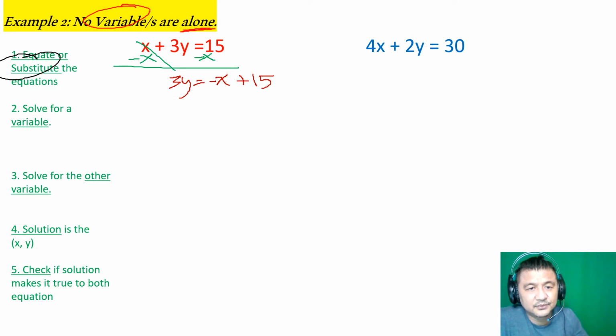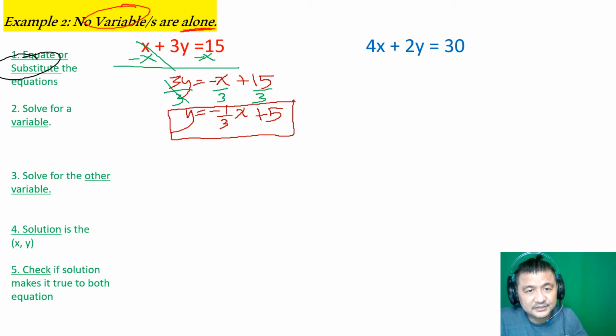I need to get rid of the 3: divided by 3 on the left, divided by 3 on the right. That cancels out. y is equal to negative 1/3 x plus 5. So that's an equation now. This is the same as that. I just changed it so that y will be alone. We want y to be alone.